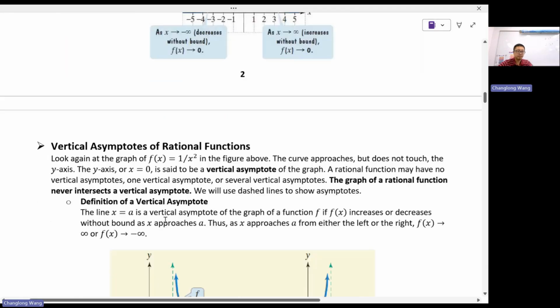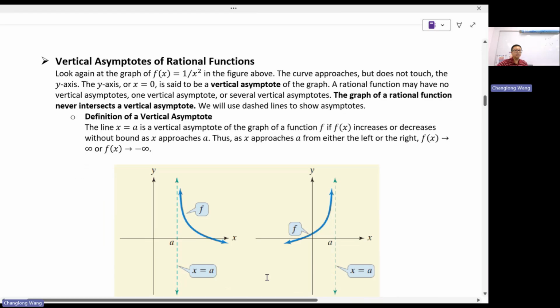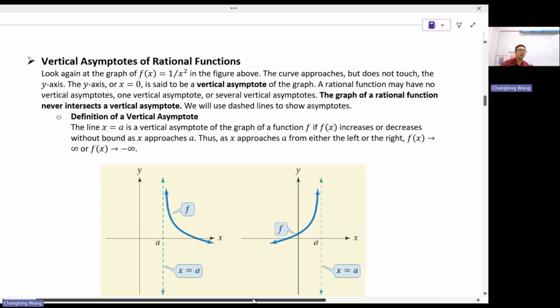All right, now, the kind of behavior when the function blows up, or rises or falls to infinity, can be captured by drawing a vertical asymptote, which is a fancy way to say a vertical line, or a reference line that the graph of the function will never cross, but will get as close as it can.